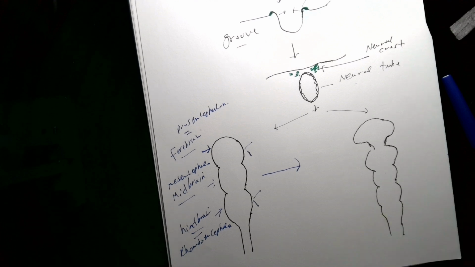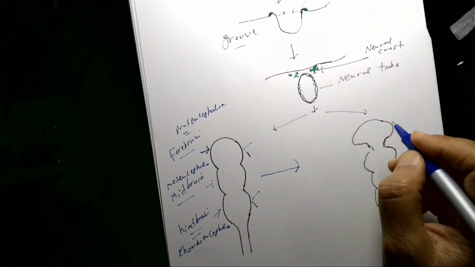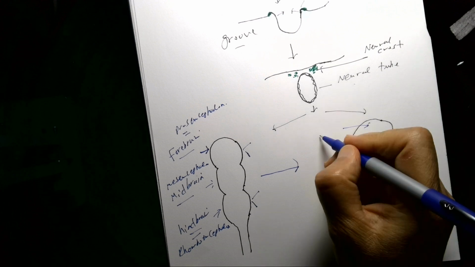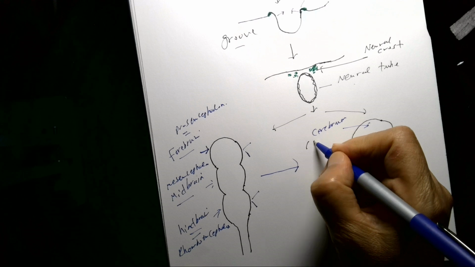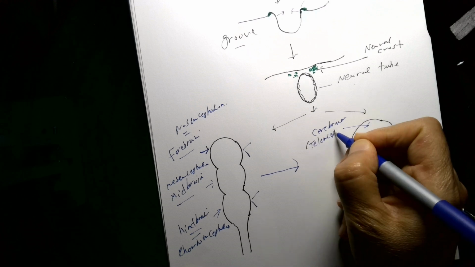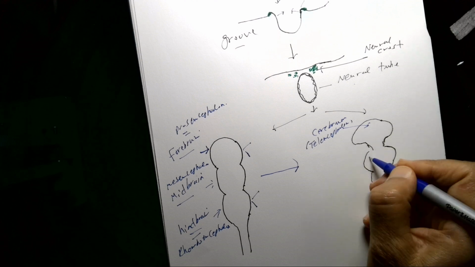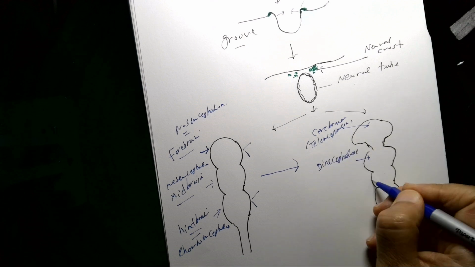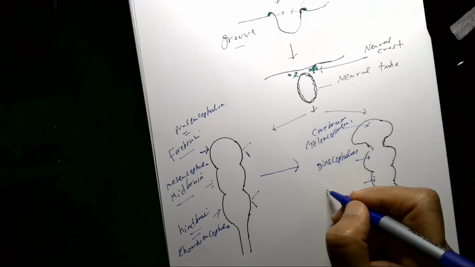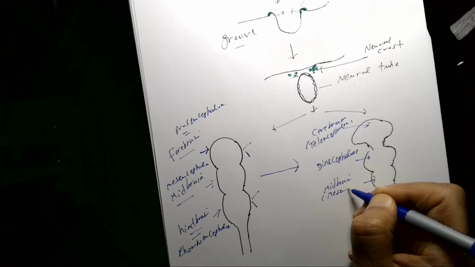What is this? This is going to be the cerebrum, or we call it telencephalon. Then the second one, diencephalon. And then this is the midbrain, mesencephalon.